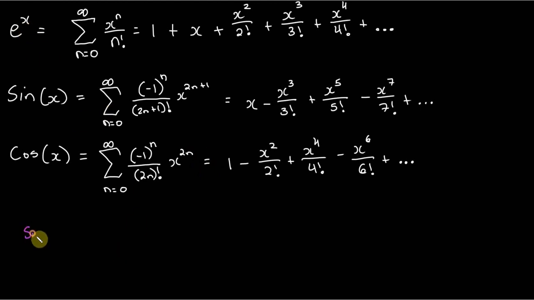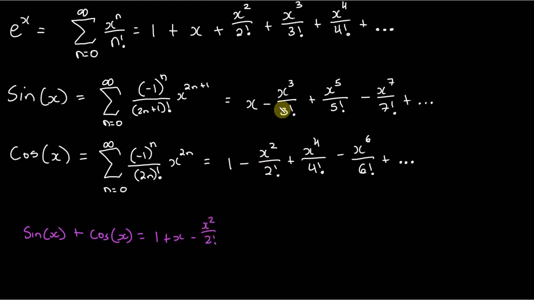We have sine of x plus cos of x equals, well, the first term would be 1, and then in the logical order of things, 1 plus x. They're positive, so it'd be 1 plus x, and then the next term would be x squared. You just follow the logic, and that's negative, so it'd be negative x squared over 2 factorial.